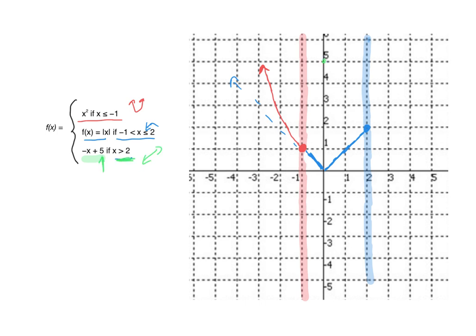That's my y-intercept. And I go down by 1. So I'm going to go down 1 over 1, down 1 over 1. This is what my graph would look like for a line. So if I were to just graph this line, it would look like this, right? That's my negative x plus 5 line.